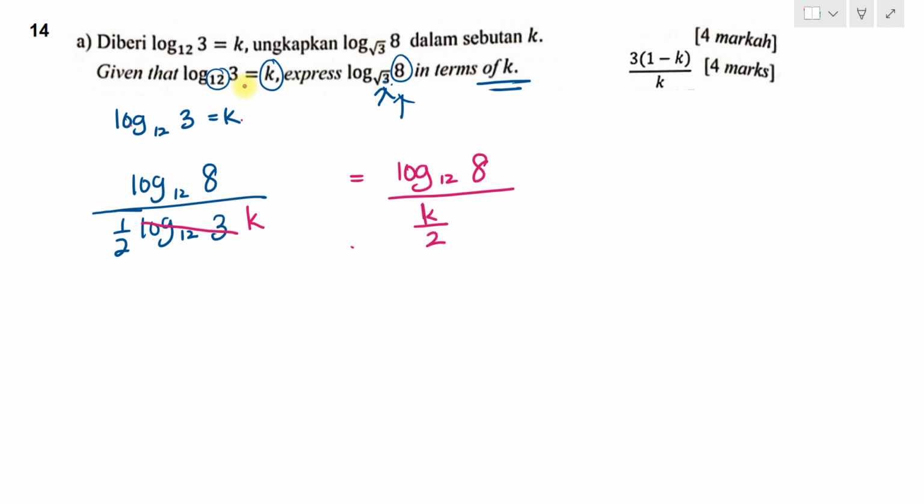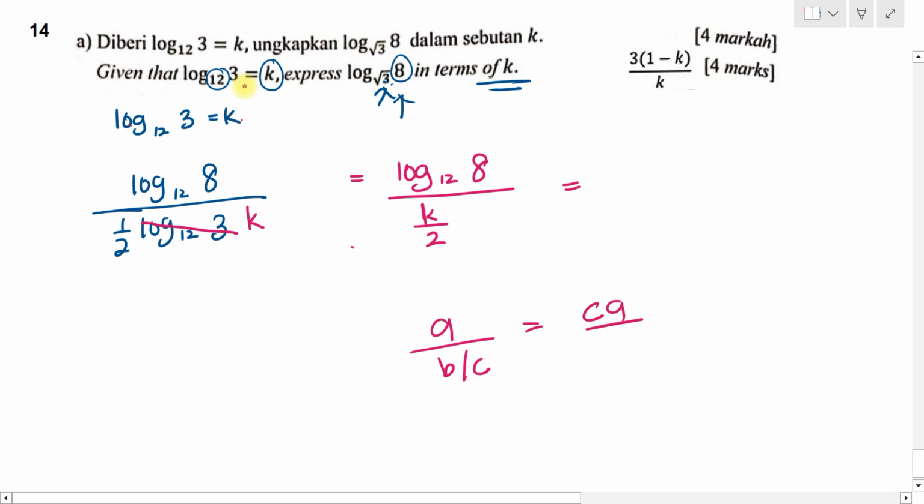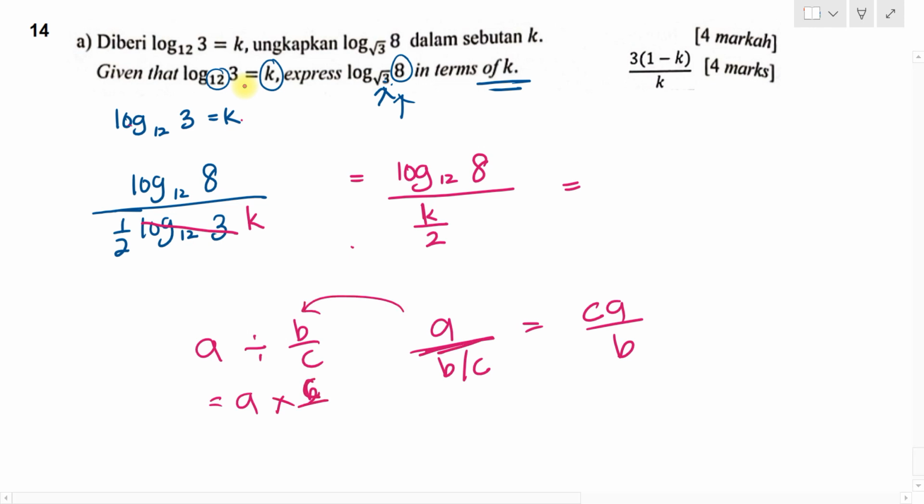Okay, another thing, you get something like this. Okay, remember if a divided by b over c, dia akan jadi apa? c a over b, correct or not? You all realize this or not? A divide b over c means what? A over b over c is same, right? Okay, then become c over b. So you akan dapat ac over b, which I told you just now.